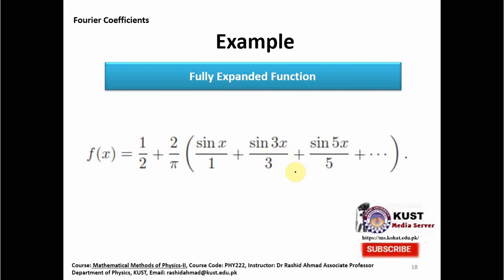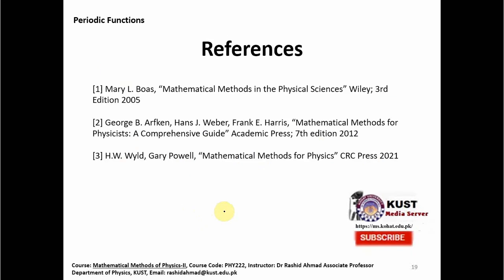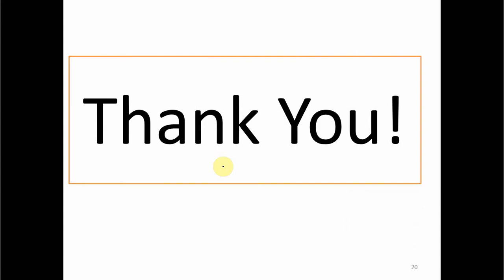So this is the complete expansion of that function, sketched in that diagram. In this way you have seen how we calculate the coefficients, and then we put them into the expansion, and we get the explicit value of this function's expansion.